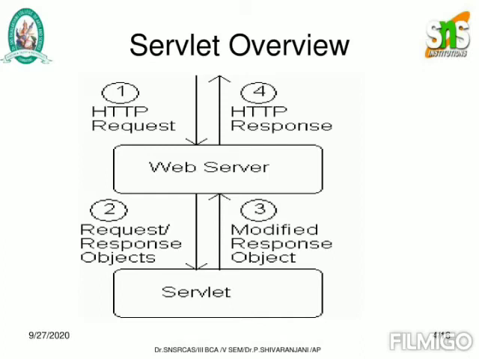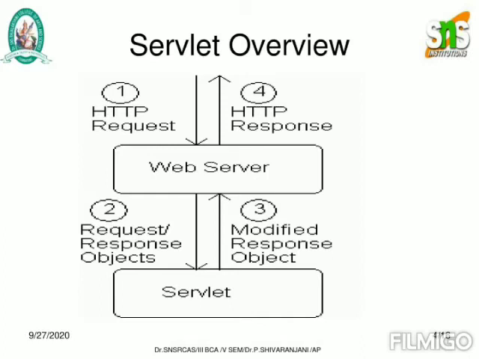The server will accept the particular request and send it to a component called a servlet. The servlet will modify the response object, search the corresponding request made by the client, and provide the response to the particular client from the server side. So this is the overview of servlet programming.